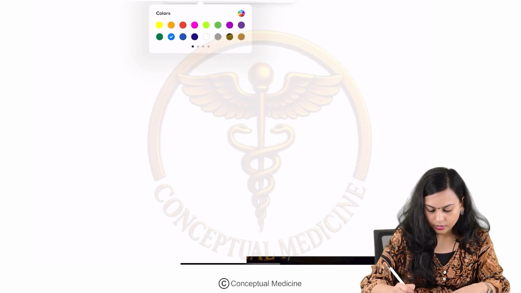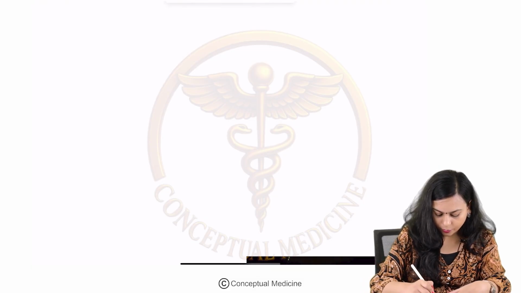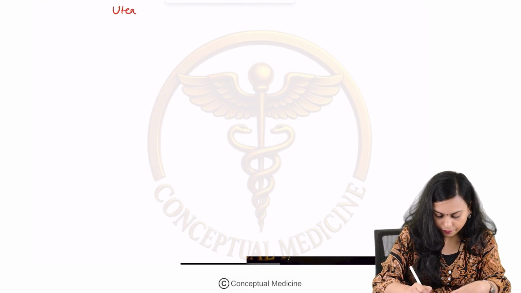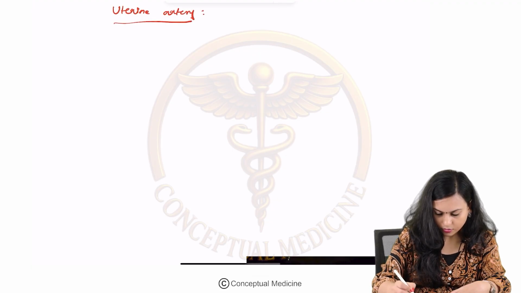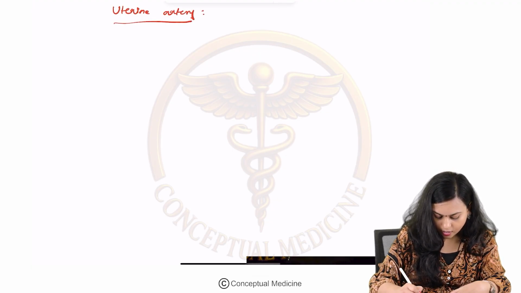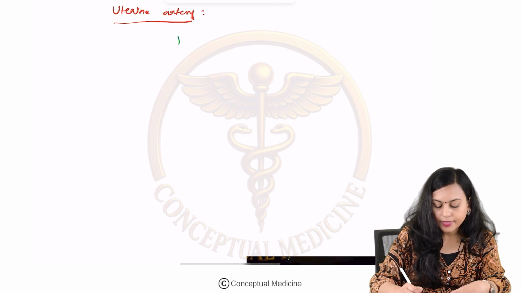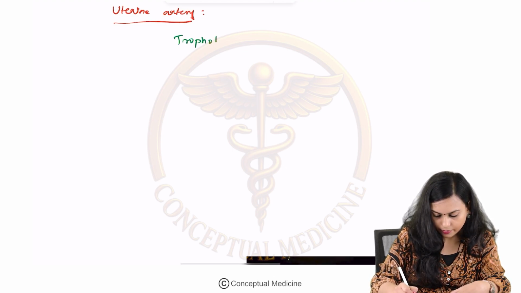Now, the next artery that we are going to discuss is the uterine artery. Okay, usually in the uterine artery the trophoblastic invasion is going to happen, right?